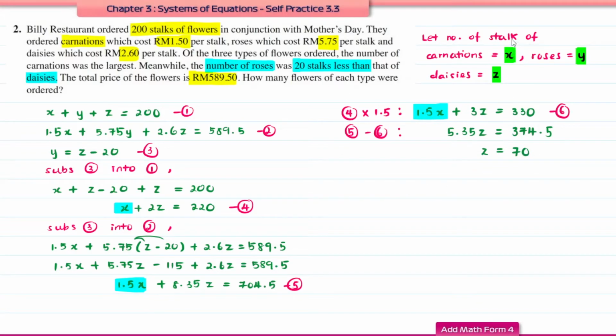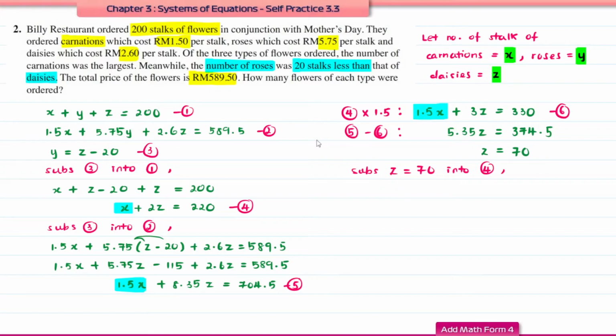So that is the number of stalks for Daisy. Next, we're going to substitute z equal to 70 into equation number 4, so that we can find the value of x.